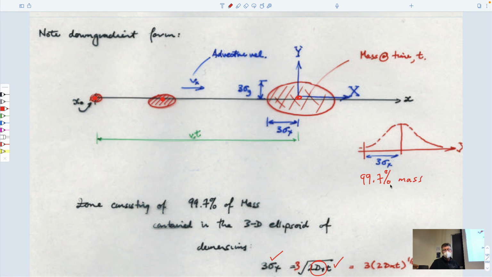So the half length is 3 standard deviations in this case. The half length is the distance to this fringe, including 99.7% of the mass. So the length that we use is 3 standard deviations. This is 3 sigma. Okay? Okay, great. Good question.